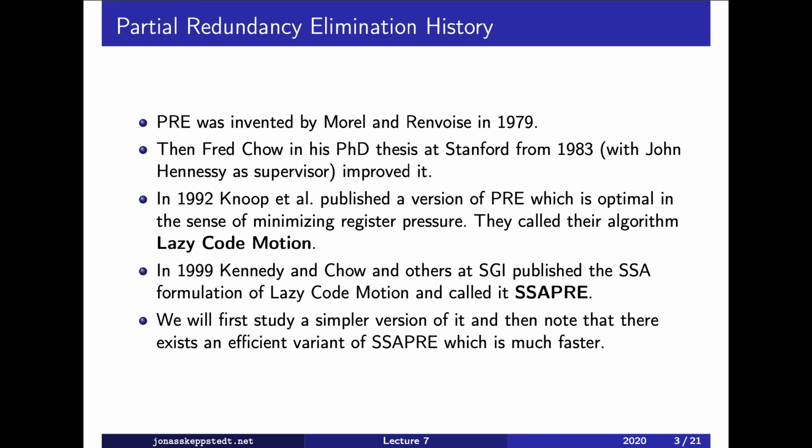We will look at a somewhat simpler version which explains all the key ideas and then point out a certain inefficiency, such as we have to redo the SSA renaming of all variables. That is not done in the practical implementation, but we will not look at that, and I refer to the article instead.